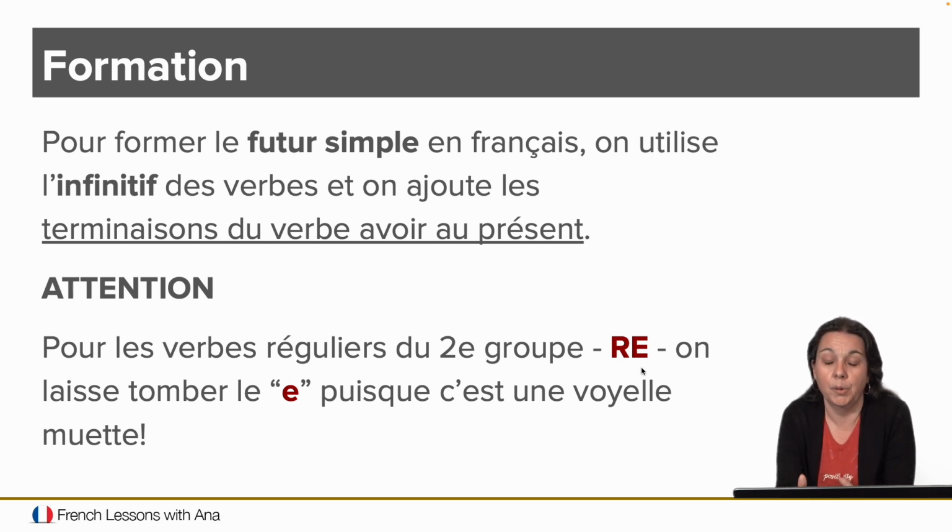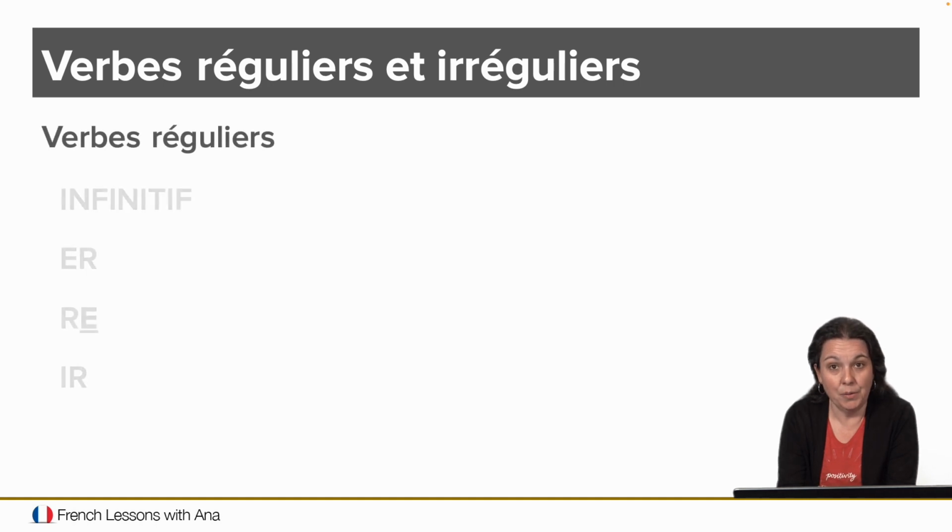Vendre, prendre, entendre, attendre, all of those, whether the E is there or not, sound the same. So it's a silent E. That means we don't need it, so we actually drop it from the infinitive. On laisse tomber le E puisque c'est une voyelle muette. It's a silent E, doesn't need to be there, get rid of it, okay? But for the other ones, keep everything.